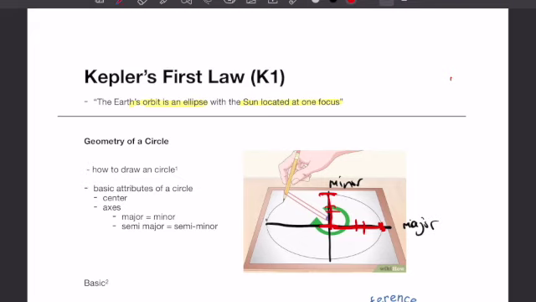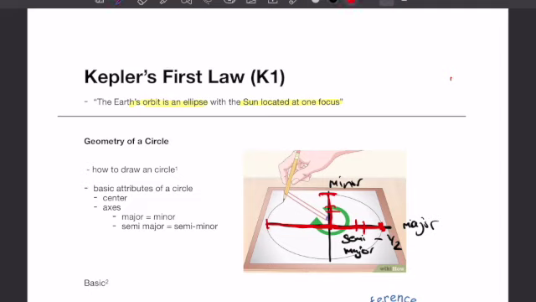Now, this major axis is actually the entire distance, the diameter. And 1/2 of it we can call the semi-major. Semi means 1/2. So if our major axis is this entire length, the semi-major is 1/2.